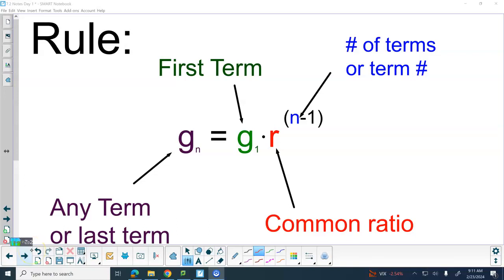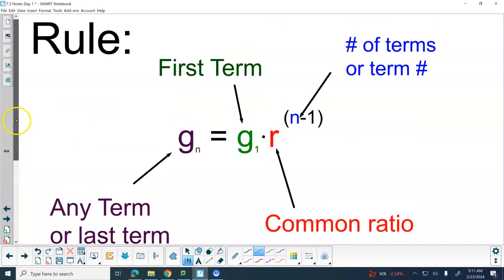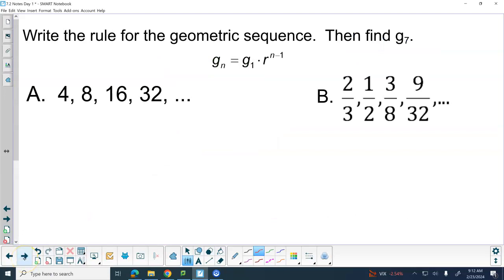Okay? I don't think there's anything else on this page. No, there's not. Move on. Okay? It says write the rule for the geometric sequence, then find G sub 7.